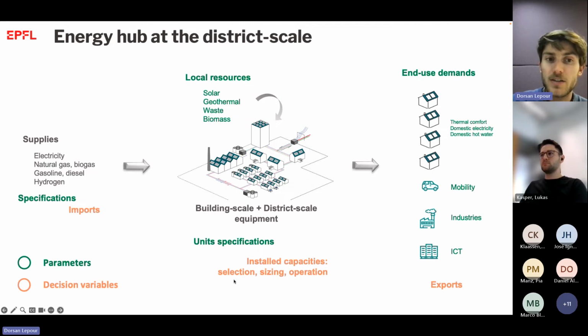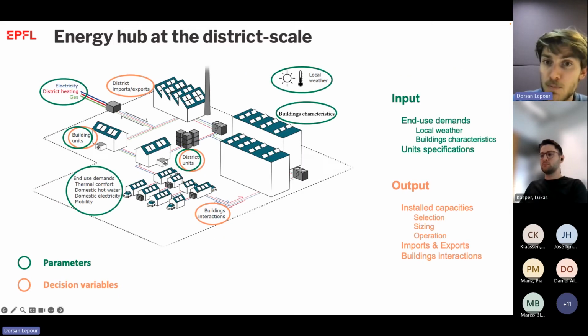This will define the equipment the optimizer decides to select, size, and operate through a typical year. This will define the imports and the exports of my district. To summarize, the input of the tool is the territory end-use demands, which is characterized by the building characteristics, the local weather, and the unit specifications.